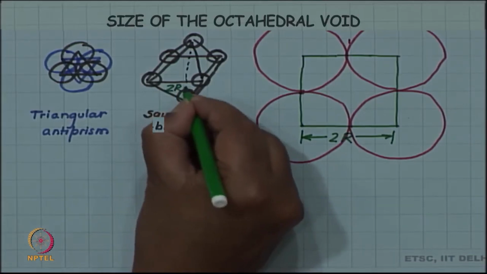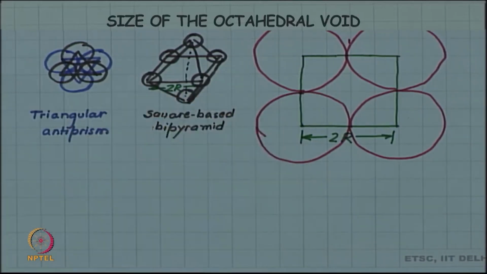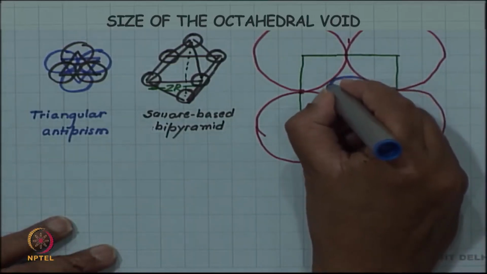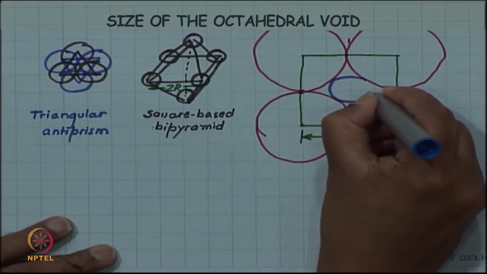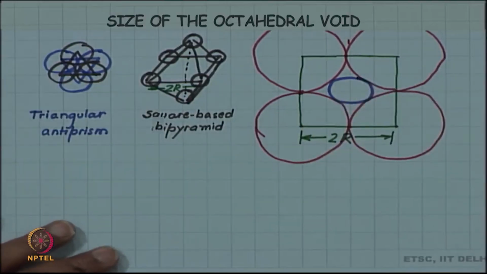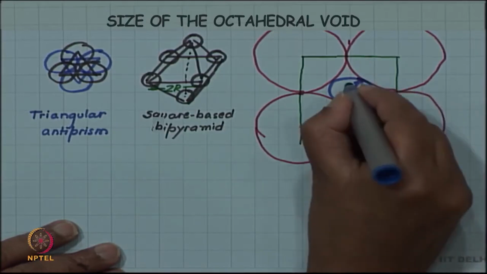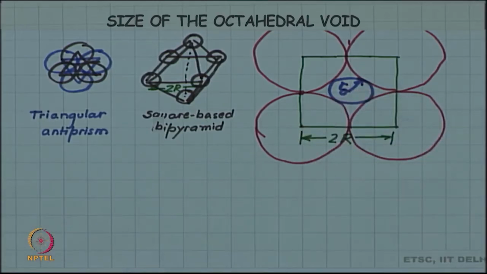So, the side of the square also is 2 r. The largest sphere that can fit into this void now will be sitting somewhere here, and this will have a radius r o for octahedron.